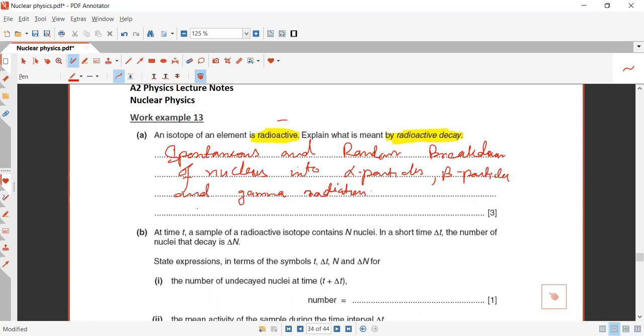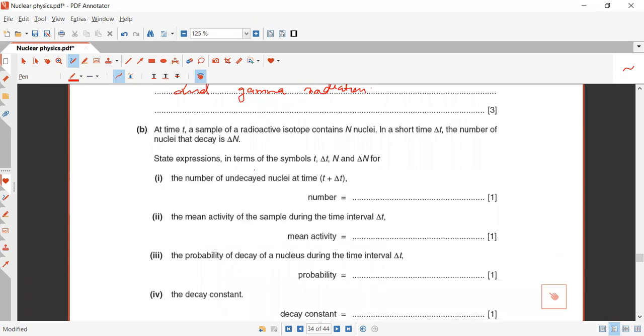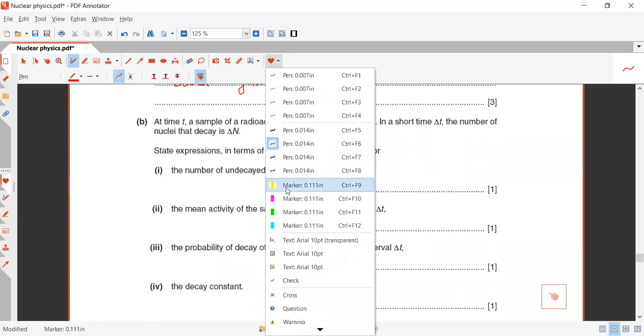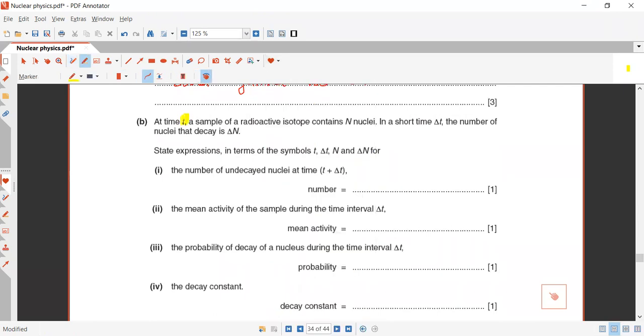Okay. So the next part is, the question is, at time t, a sample of radioactive element contains N nuclei, and after this time, the number that decays is delta N. State the expressions for the number of undecayed nuclei. The initial number is N and the decayed number is delta N. If I subtract them, this becomes the number of undecayed nuclei.